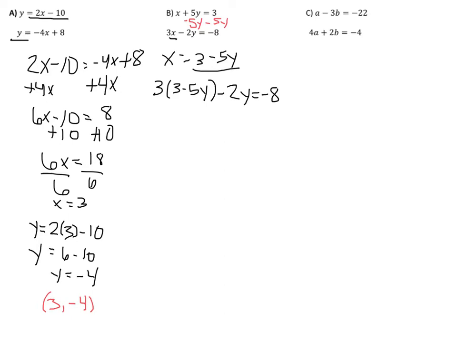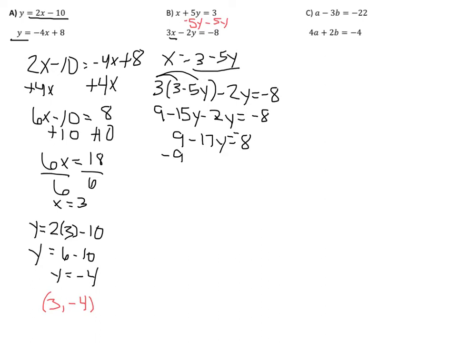Then I need to solve for y. I'm going to distribute so that I have 9 minus 15y, because I have to distribute to both pieces, minus 2y equals negative 8. I can combine like terms so that I have 9 minus 17y equals negative 8.